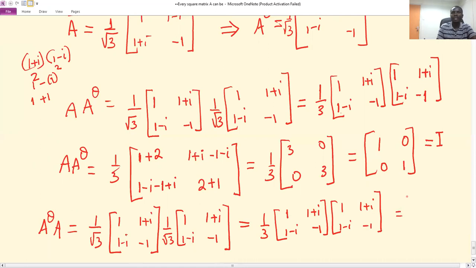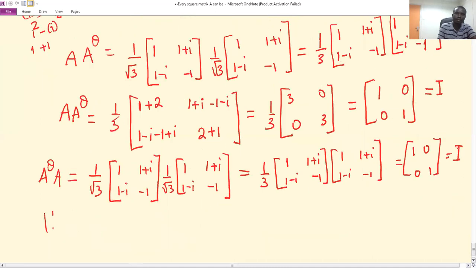And it is not difficult to show that actually the same structure will reduce to 1, 0, 0, 1. So this is an identity matrix. Hence, A is unitary. So that's how we show that.